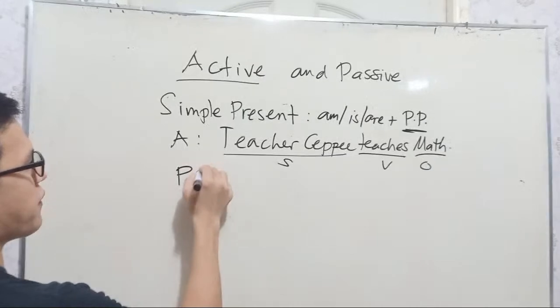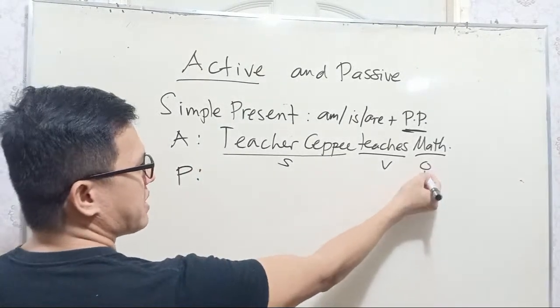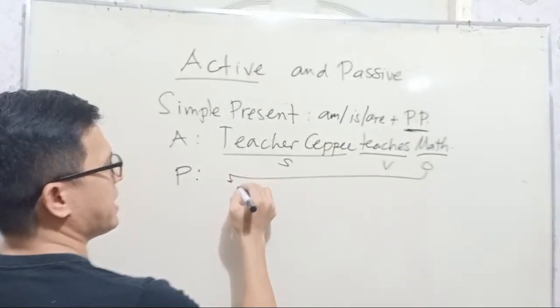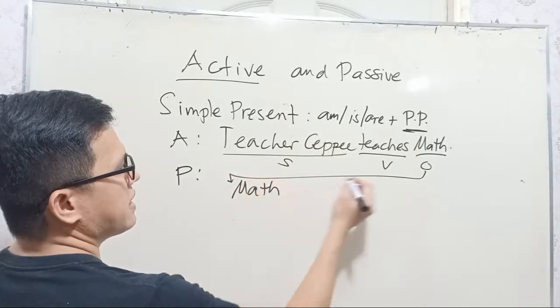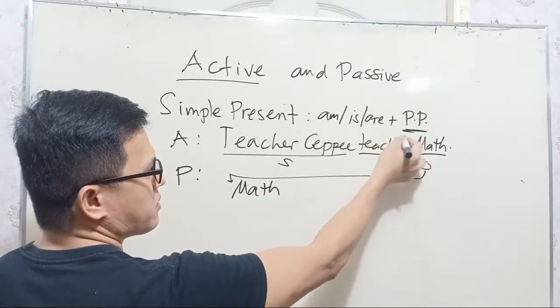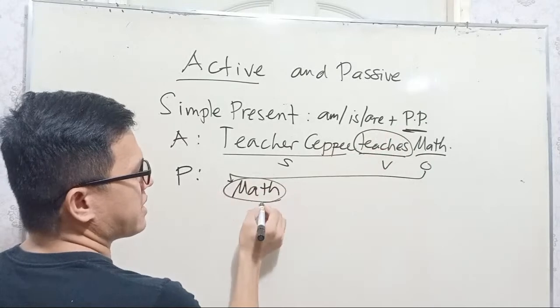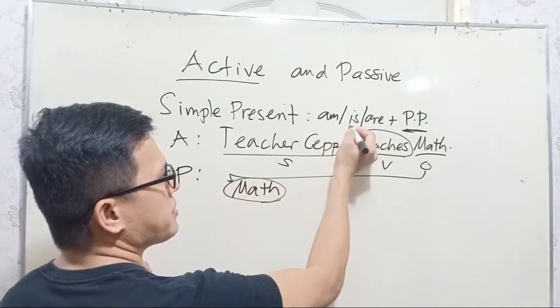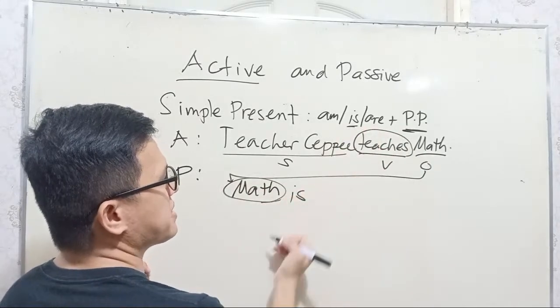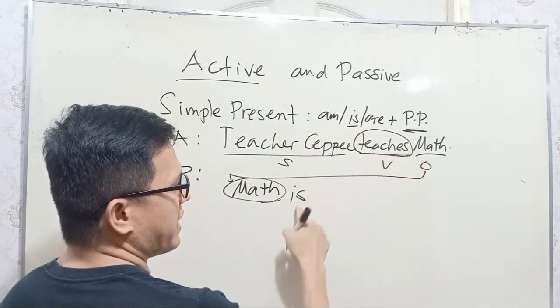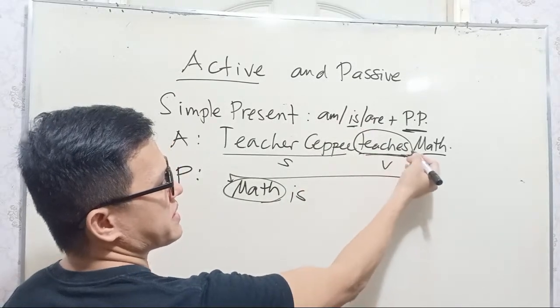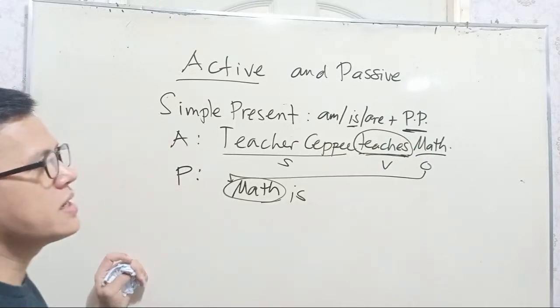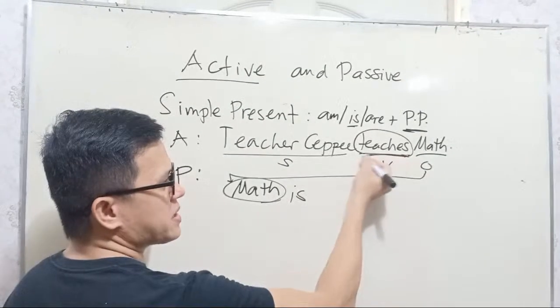Okay, so the passive form, the object becomes the subject of the passive. So we say math, okay? And then, since math is singular, we have to use is, okay? So math is, and then the verb, of course, why is? Because it's simple present, because of that teaches. Now, is, and then past participle of this verb.